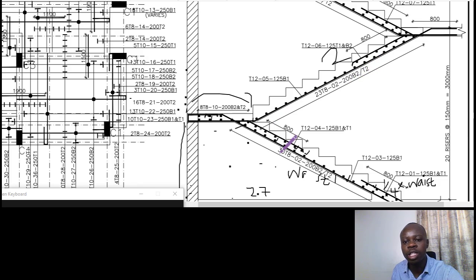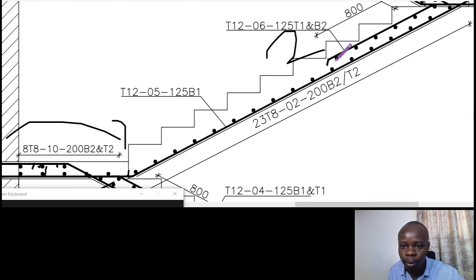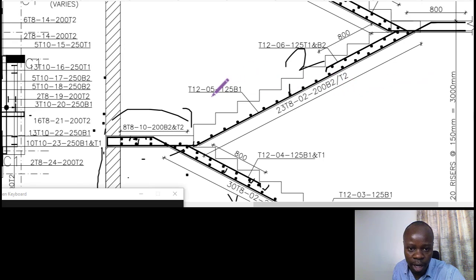The same explanation we did for the one that we did here is the same that we're going to adopt for this at the top. So it's B2 and top 2. B2 is bottom 2, laying on top of the longer one that we've done, the bar mark 05.